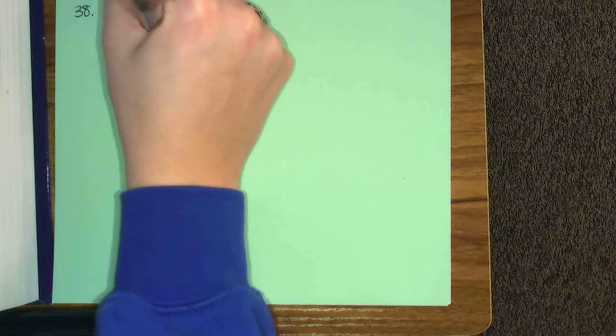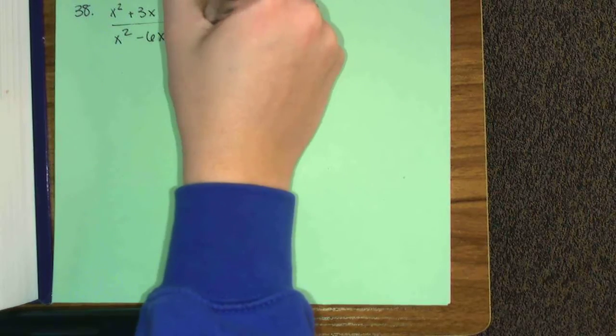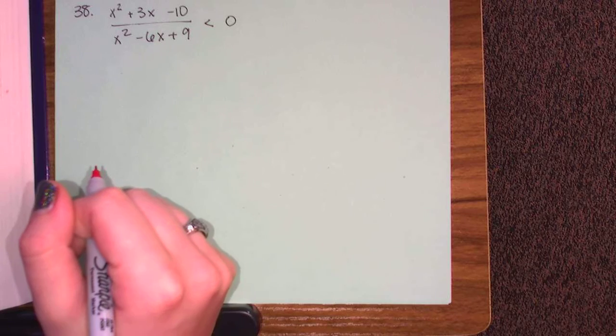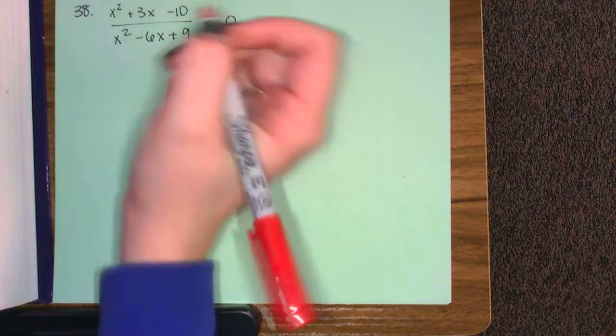x squared plus 3x minus 10 over x squared minus 6x plus 9 is less than 0. So what do I need to do first with a problem like this? So how would I do that? -2, +5.